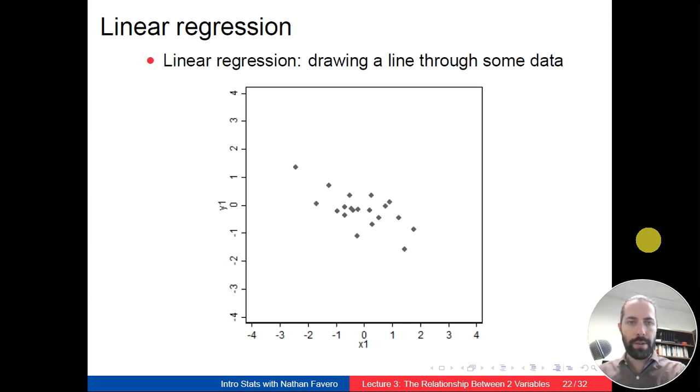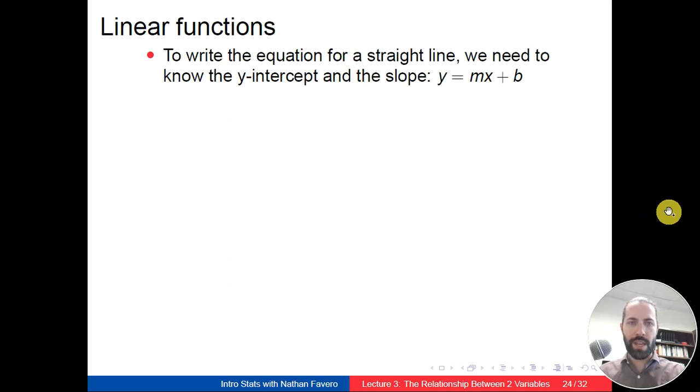Here's an example of what a regression line looks like. This looks like a negative correlation because if we were to draw a straight line through this data, it would point downward. Here you can see an example of a line being drawn through this data, and drawing a line through that data can be thought of as doing linear regression.